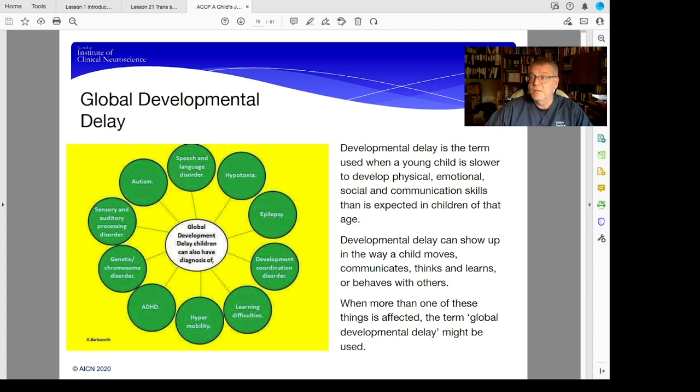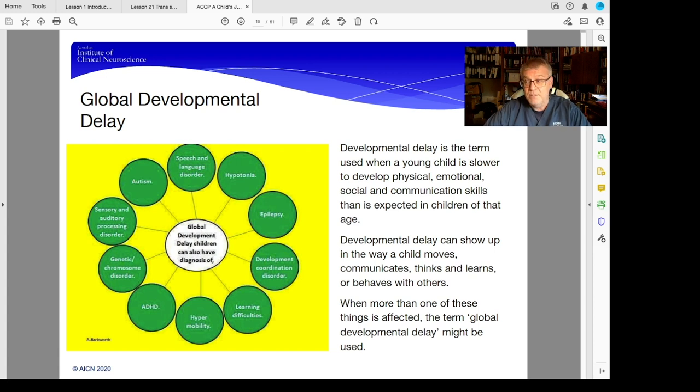So the little chart is saying that autism can be a component or a situation arising from global developmental delay. You can have speech and language disorders. You can have hypotonia, or low muscle tone. Epilepsy is often associated with global developmental delay. Developmental coordination disorder is one of those separating components where we look mostly at how the child moves.